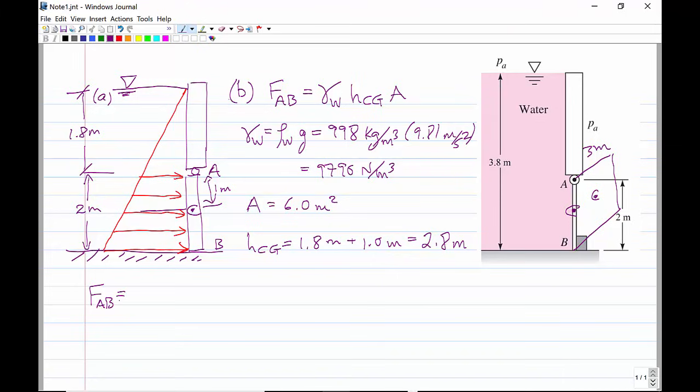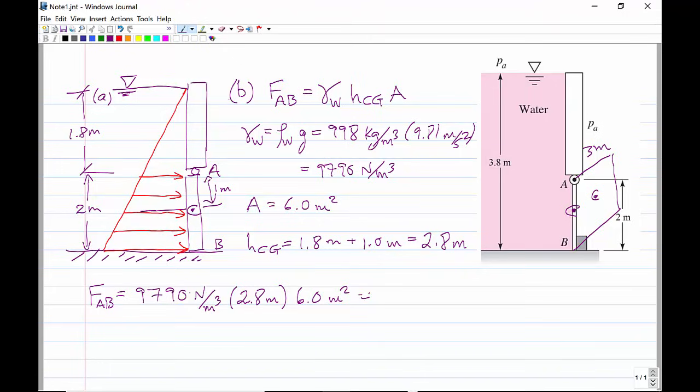FAB, making the substitutions, is going to be 9790 newtons per cubic meter times 2.8 meters times 6.0 meters squared.